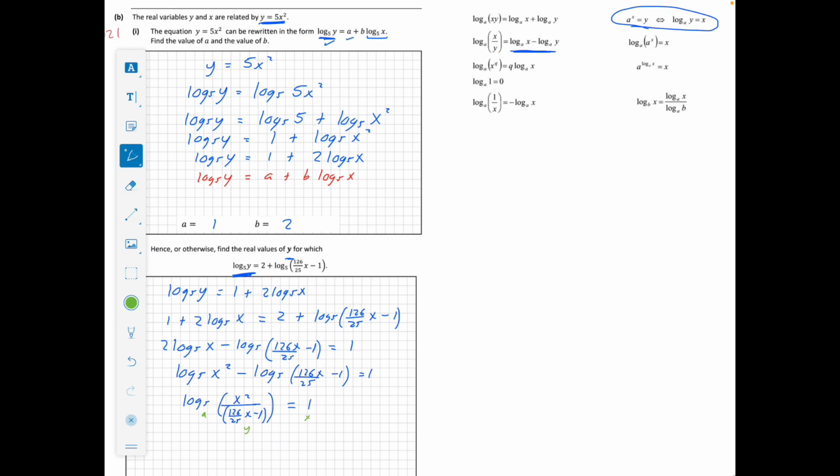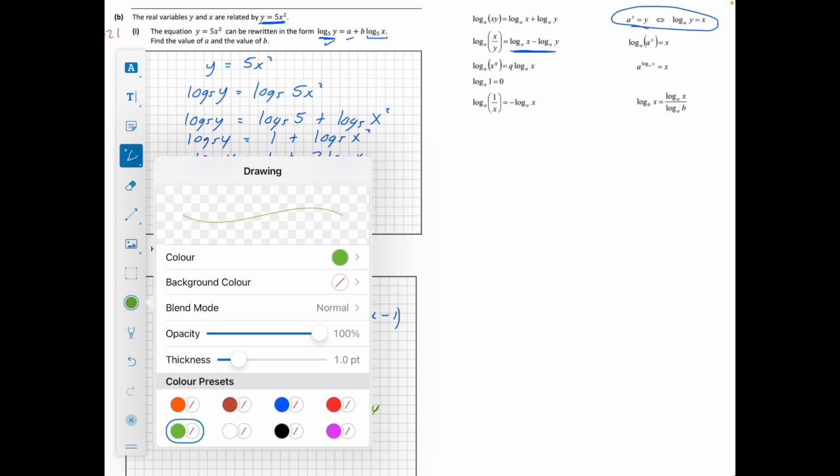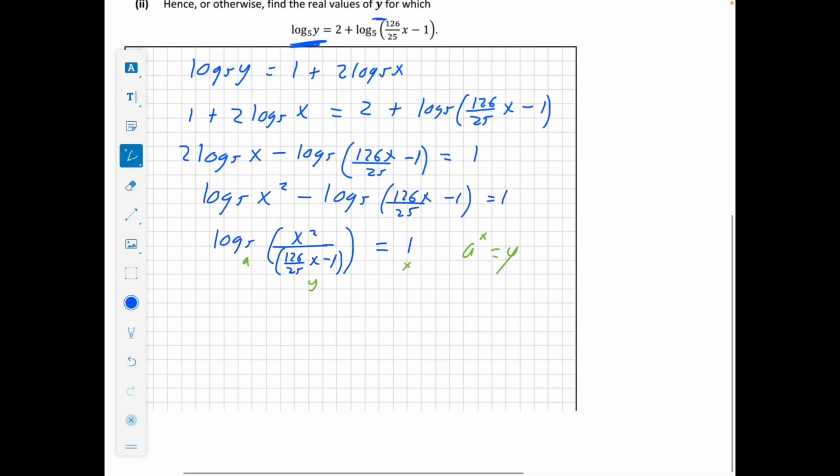So I have my a, my y and my x, and we need to change it into a to the power of x is equal to y. So that will be 5 to the power of 1 is equal to x squared all over 126 over 25x minus 1.